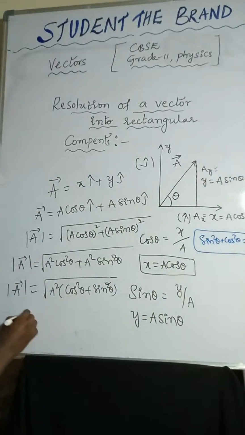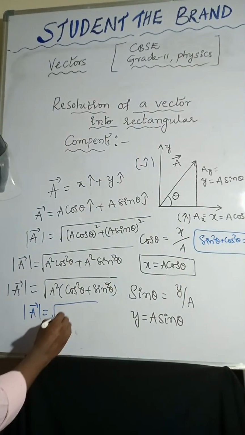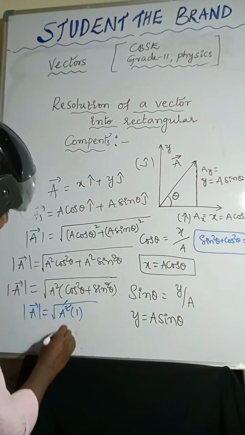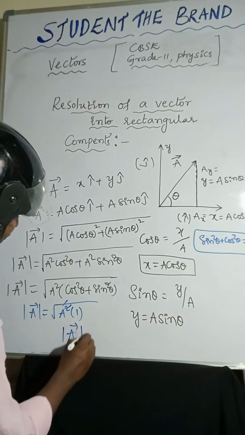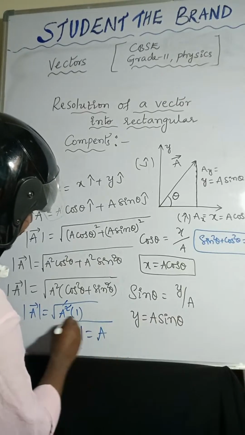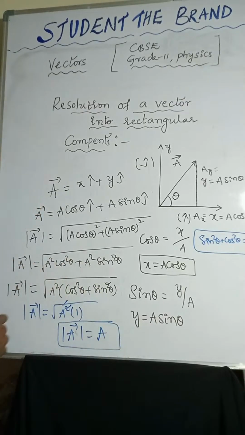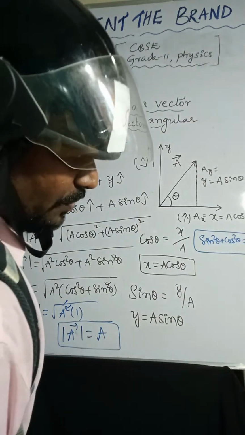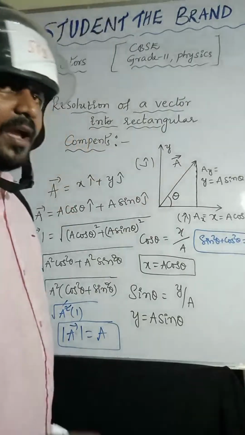So here mod a bar equals root over a square times 1. The square gets cancelled, and mod a bar can simply be written as a. Like this we can consider. Understood? I hope it is very clear.